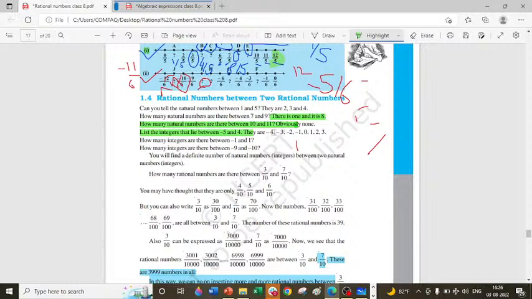So 5 के बाद क्या आता है? 4. So -4. फिर 4 के बाद आता है हमारा 3. So -3. फिर 3 के बाद 2 आता है, that will become -2, and then -1, and then we have learned, उसके बाद हमारा 0 आता है, followed with all the positive numbers that are 1, 2 and 3. So see how it is easy to find rational numbers between two numbers.